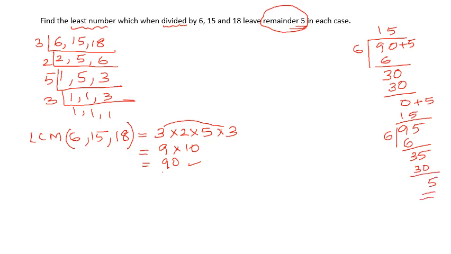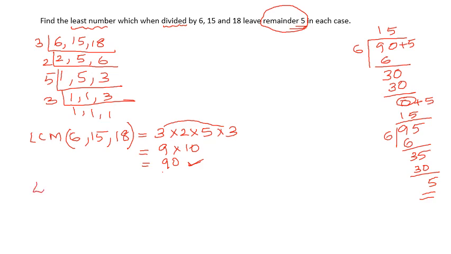So in each case, if remainder has to come as 5, in each case when you know that the 90 is the least common multiple, then 90 when you divide by 6 or 15 or 18, you are going to get the remainder as 0. But if you have to make the remainder 5, then you have to add 90 plus 5. Okay.